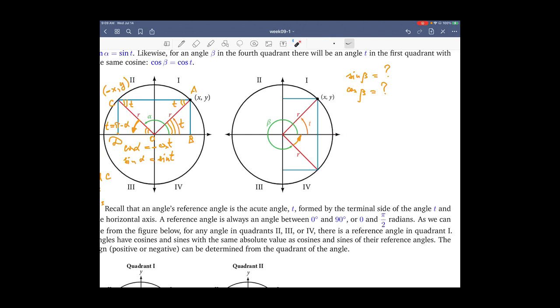Now, let's say this angle is t. We claim that this angle is also t. Why is that?